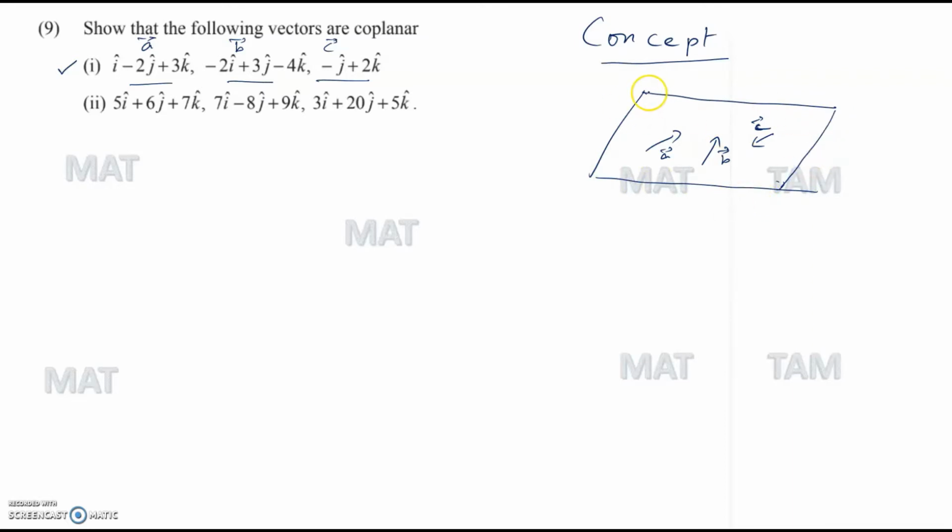For them to be in the same plane, one vector should be expressed as the sum of scalar multiples of the other two. What I mean is, vector A should be written as m times vector B plus n times vector C. If you can do this, then they are coplanar.